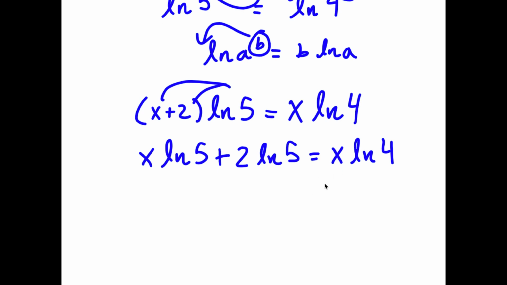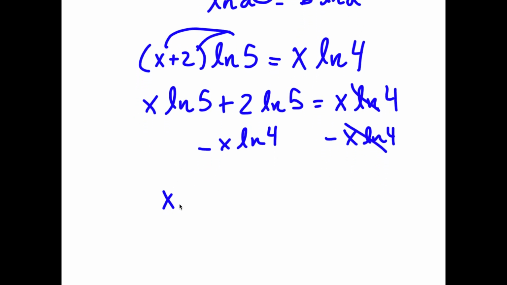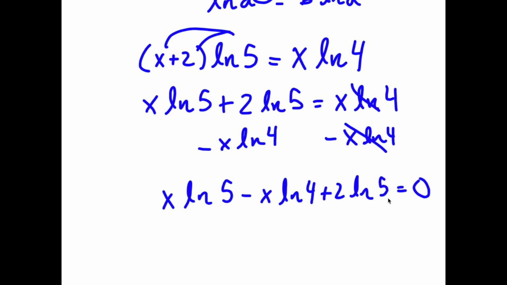Now, from here, I'm going to subtract x times ln 4 on both sides. So I have x times ln 5 minus x times ln 4 plus 2 times ln 5 is equal to 0.